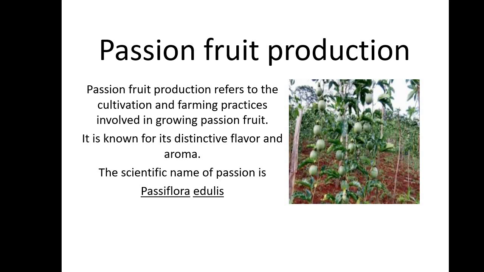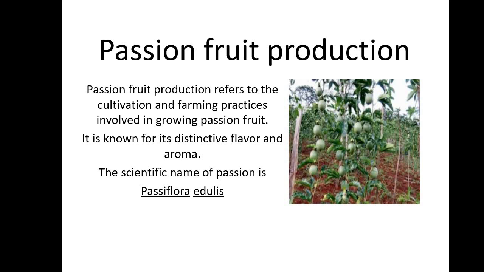Okay, that is good. So I hope you are able to see what I'm displaying on my screen there. Passion fruit production refers to the cultivation and farming practices involved in growing passion fruit. It is also done for its distinctive flavor and the aroma. And the scientific name of passion is Passiflora edulis.